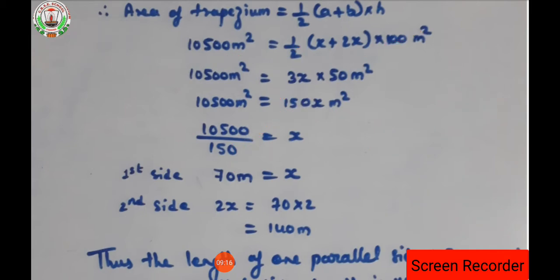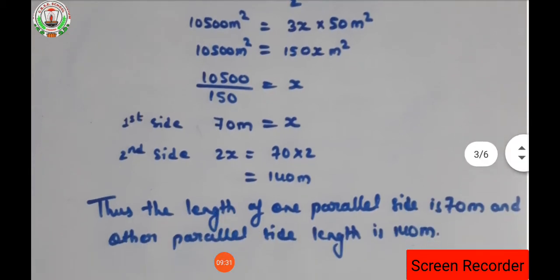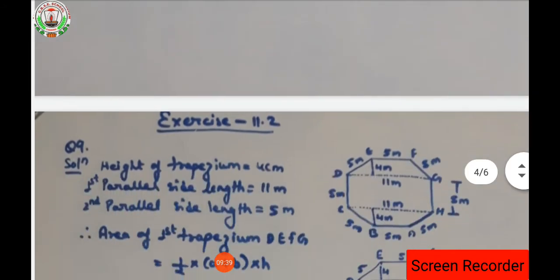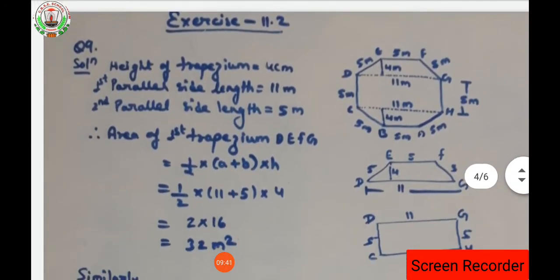That is 70. Okay, now what is the value of the second parallel side we had considered? That is 2x. So 2 will be multiplied with 70 to get the value of the second parallel side, that is 140 meter. Clear? Thus the length of one parallel side is 70 and the other parallel side length is 140. Clear everyone? Now the ninth question.